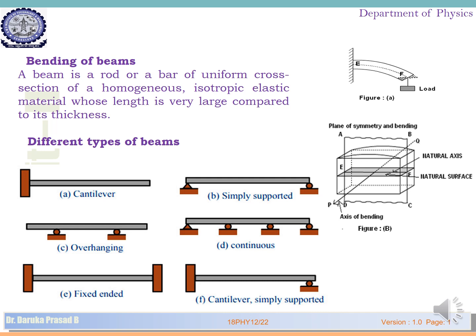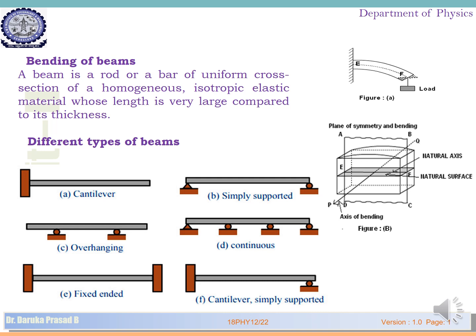ABCD is called the plane of symmetry and bending, through which the bending occurs at all the different planes. Above EF, all the planes in the AB line get expanded, and below EF, the planes near DC get contracted.